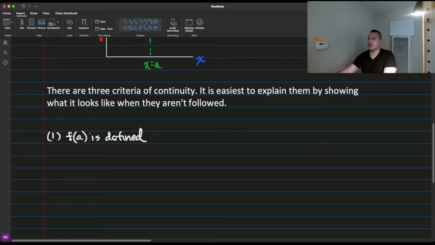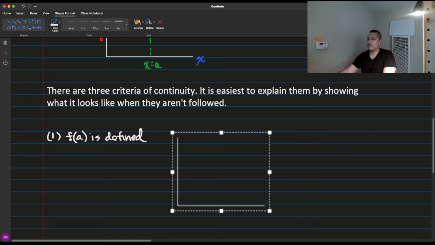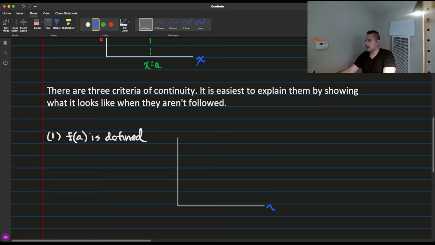Okay, so let's draw an example where this is not true. So let's draw the x-axis, y-axis. Let's draw our function. Okay, so here's our function f of x. There is an open circle at a.